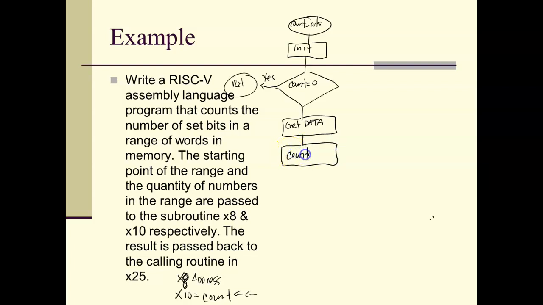This actually could be done with a subroutine, but I don't think we're going to do it that way just to save time, but we will expand this out. And this is going to be admin for the loop. After I do the admin, I can come back up here.